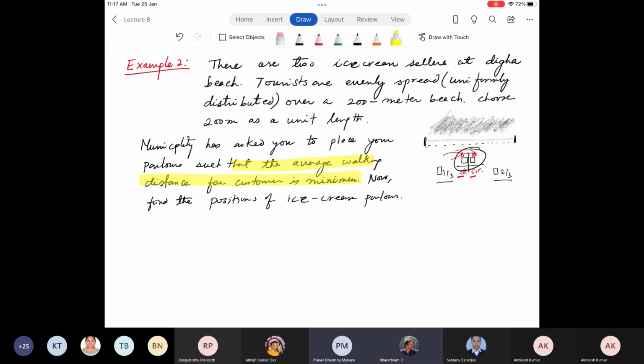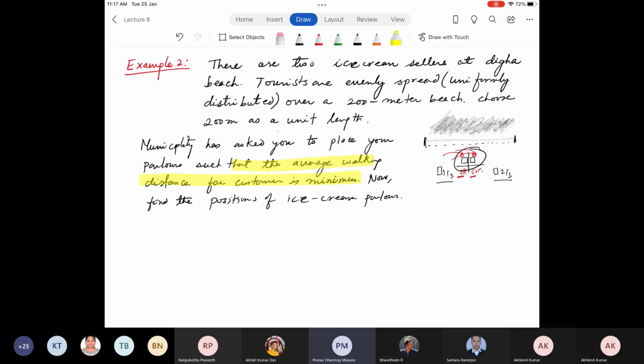I agree, but that is really right from a real life perspective. What we really want to understand is that the average distance covered by the customer is minimum, and assume that both ice cream sellers are selling the same ice creams.